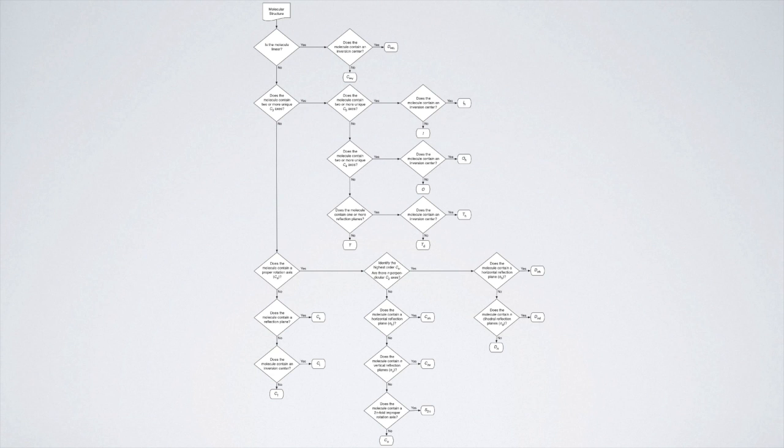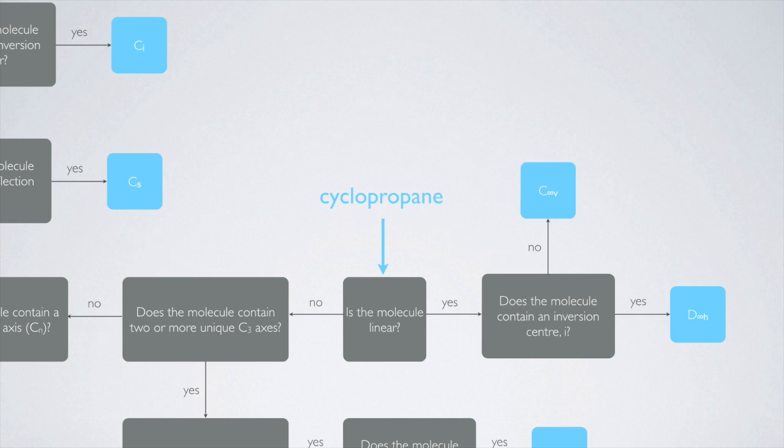Let's think about cyclopropane, and we ask through the chart a series of questions, and from that we can work out the symmetry operations that describe that molecule and what its point group is. So let's start with cyclopropane. Is this molecule linear?